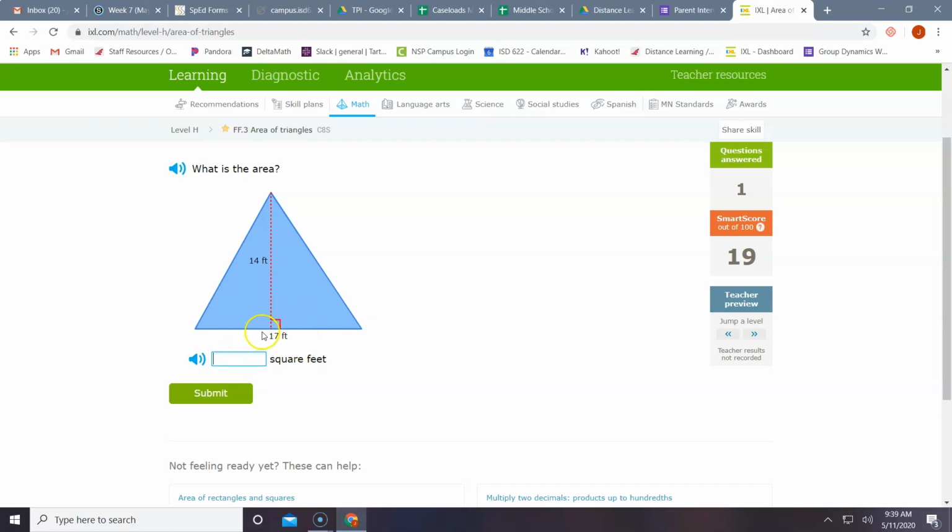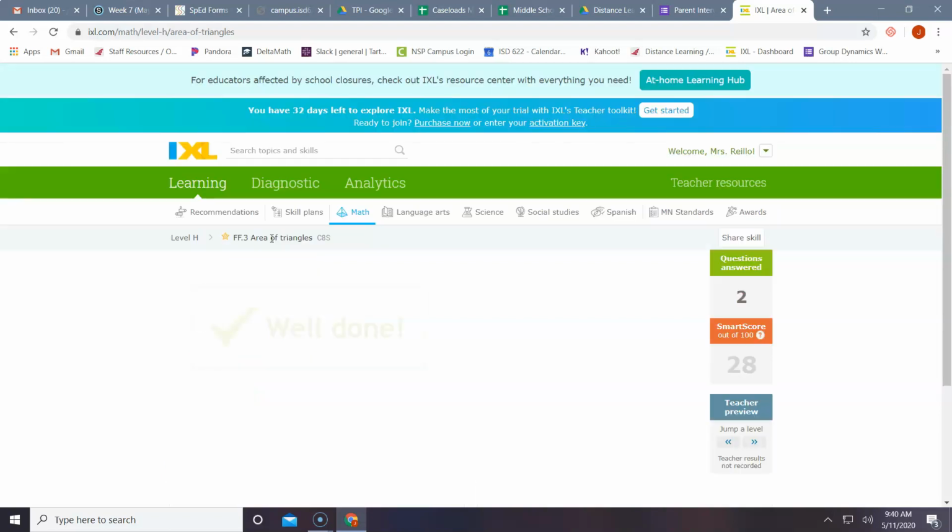So our base is 17 times our height is 14. 17 times 14 gives us 238, but we are not done. We actually need to divide by 2, and that gives us 119.